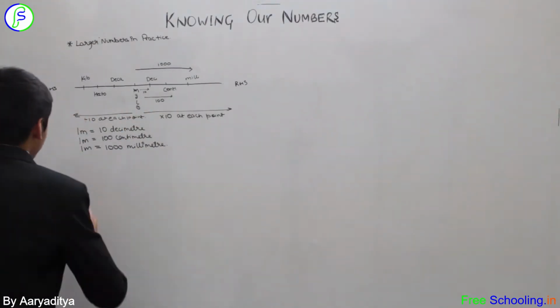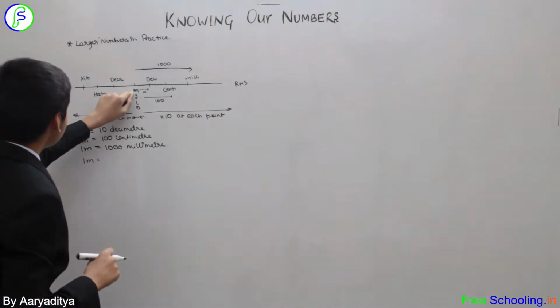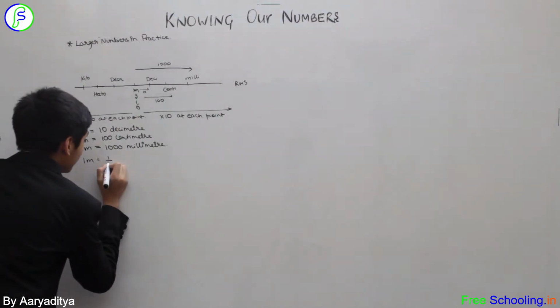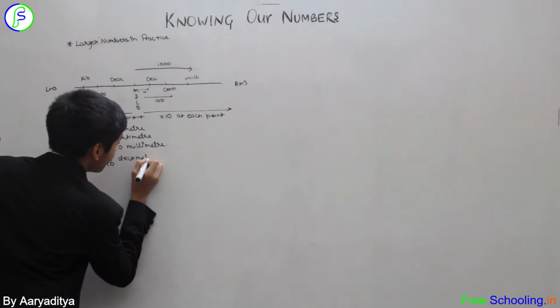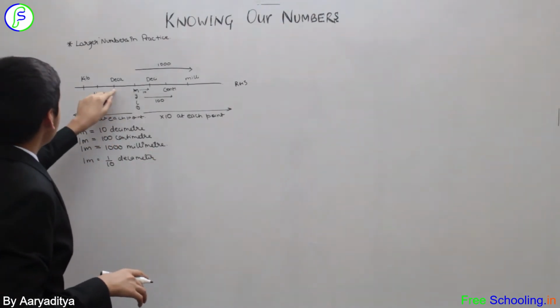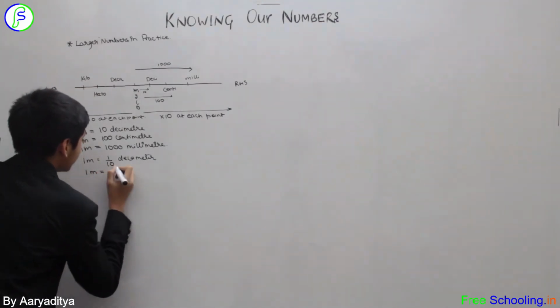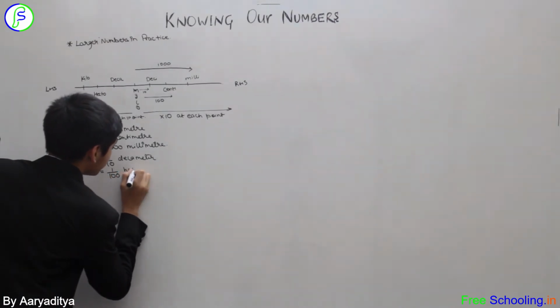So let me explain you. 1 meter is equal to, so when it reaches deca, a point, it is divided by 10. So 1 meter is equal to 1 by 10 of a decameter. Similarly, if it reaches hecto, divide by 10, divide by 10. So 1 meter is equal to 1 by 100 of a hectometer.